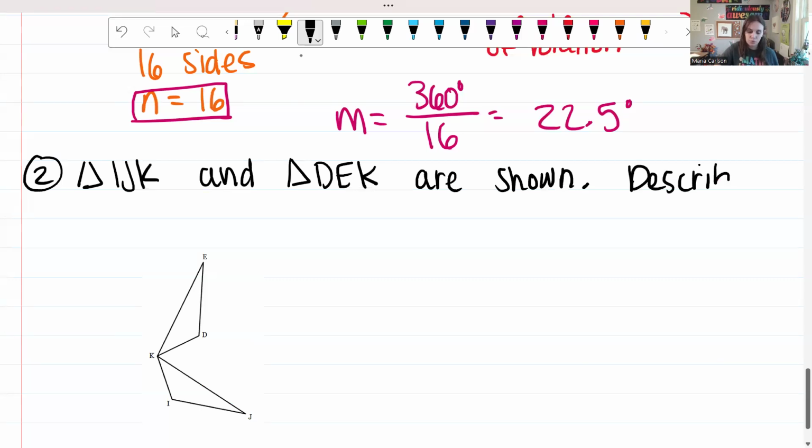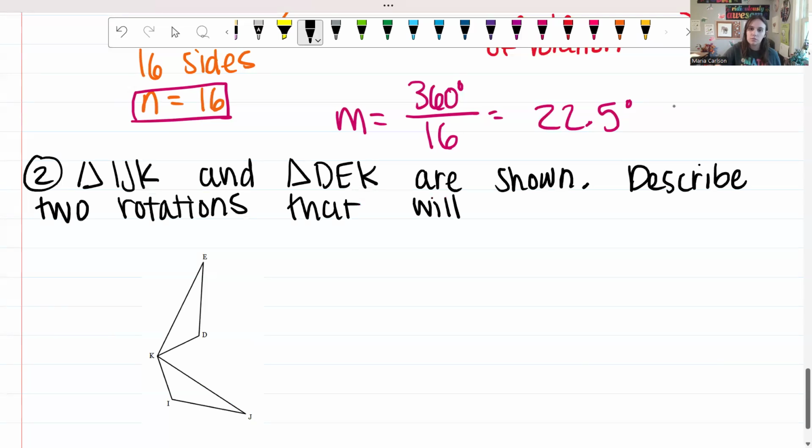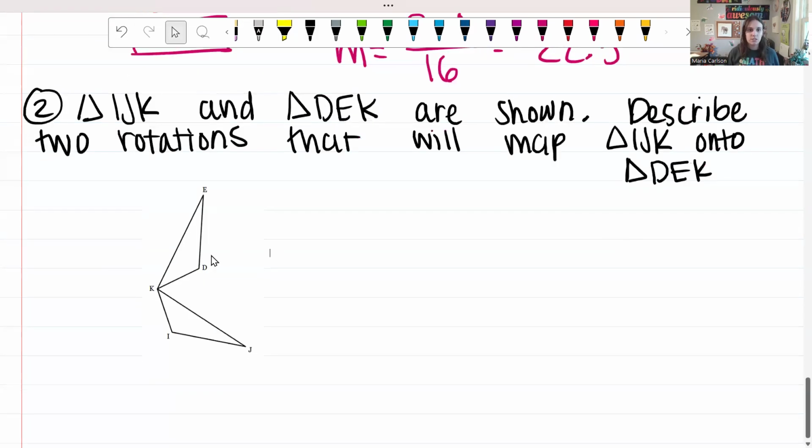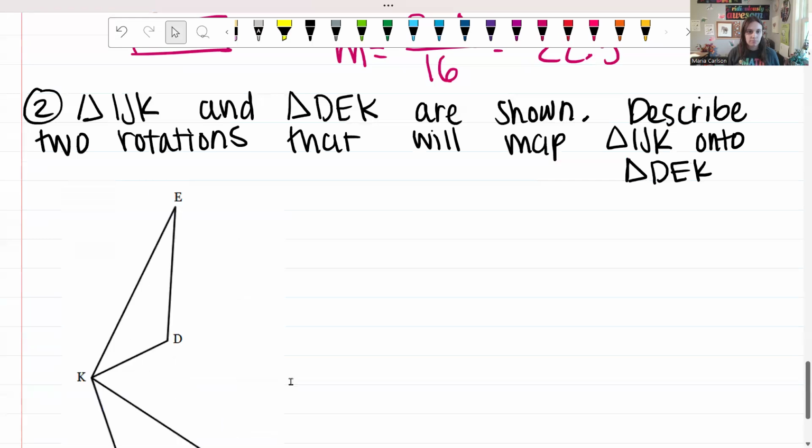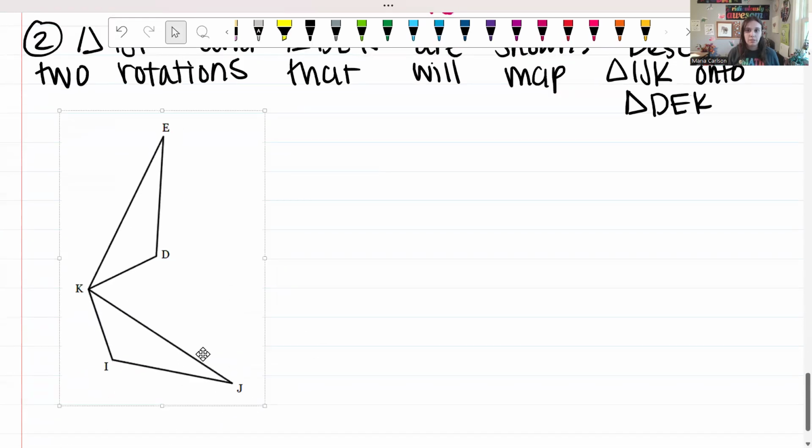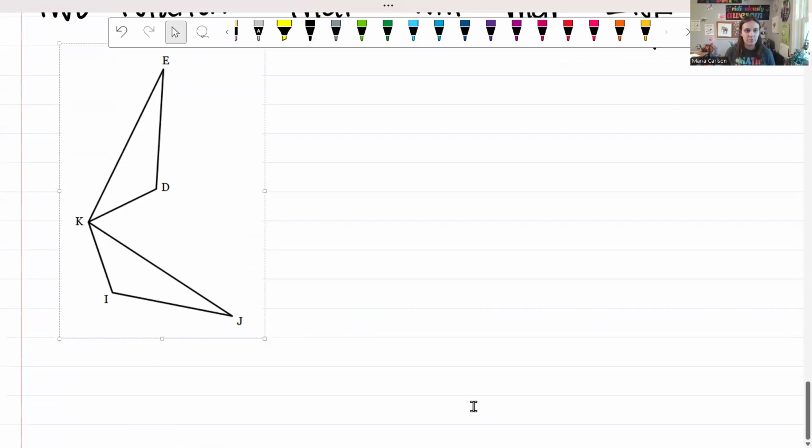Describe two rotations that will map triangle IJK onto triangle DEK. And then of course we have the images. Make this a little bit bigger. And these are in the OMHS. Either you could recreate this just by hand or print it out if you have the means.